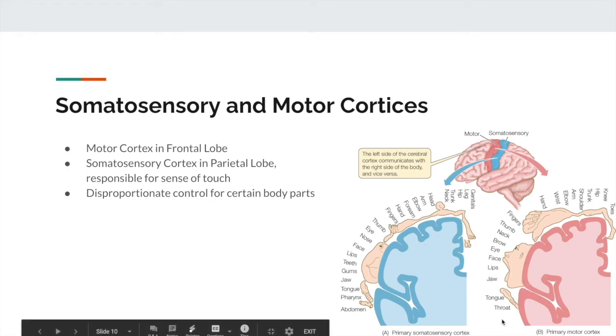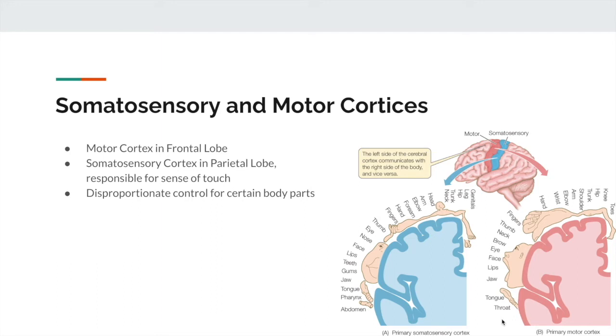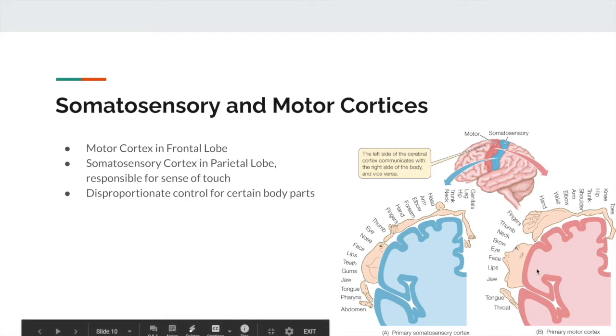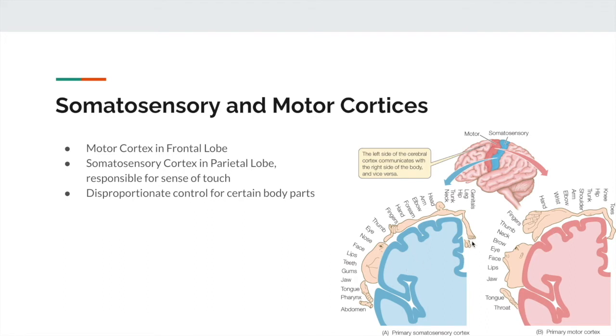And so you see that there's a disproportionate spread of space here. There's a lot of space allocated towards the face and the hands for both of these areas, and there's not a lot of space allocated towards sensing or controlling the lower parts of your body, like your feet. This is actually indicative of evolutionary pressures.